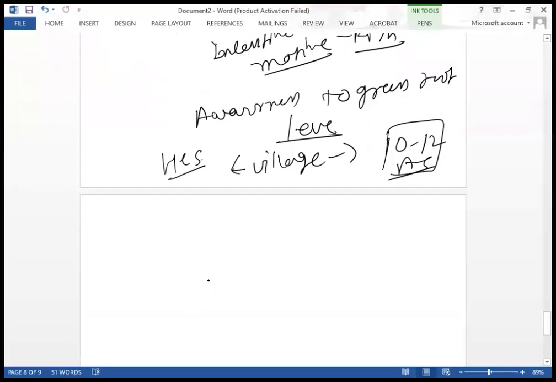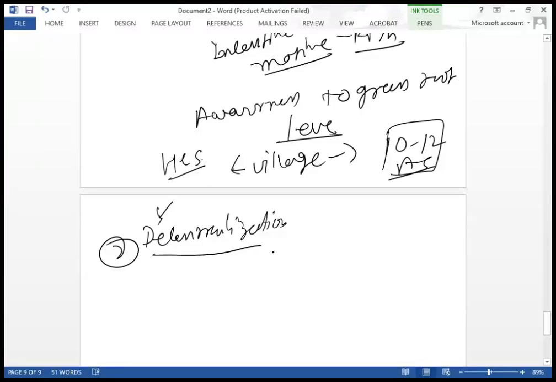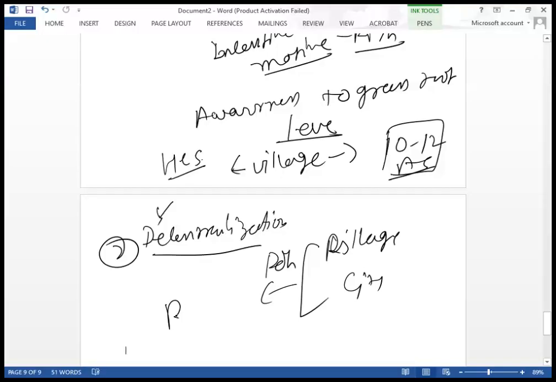And this leads to the next point, that is definitely decentralization. In decentralization, as we have all studied in polity, it is decentralized in two parts, village and city: the Panchayati Raj institutions. In the village, I think Mukhia and Sarpanch, and in the city, ward and mayor.